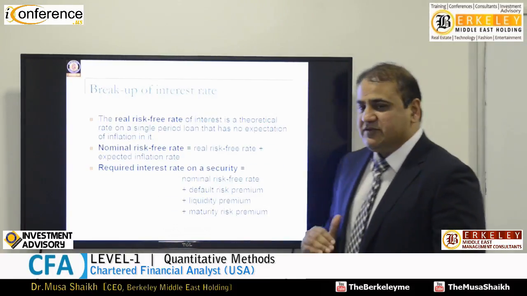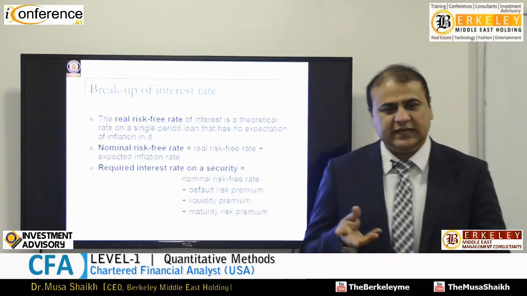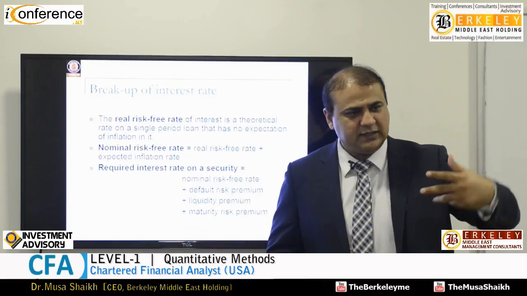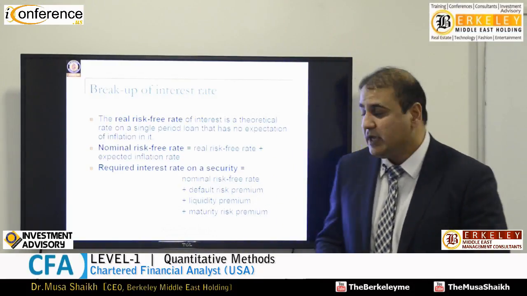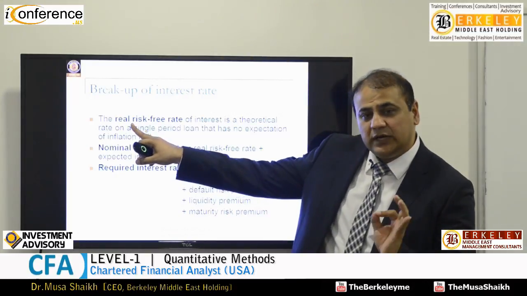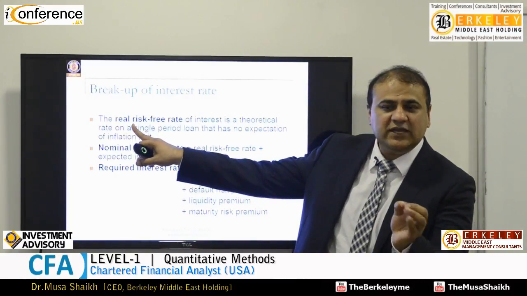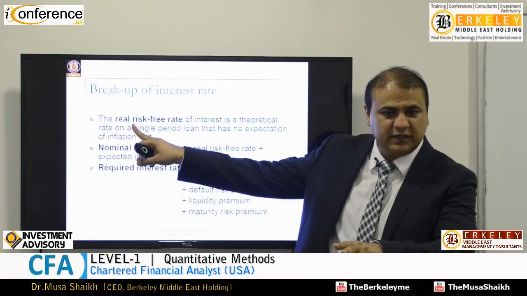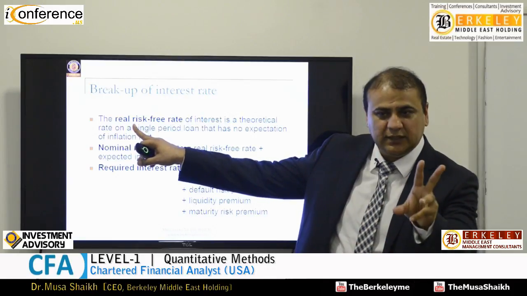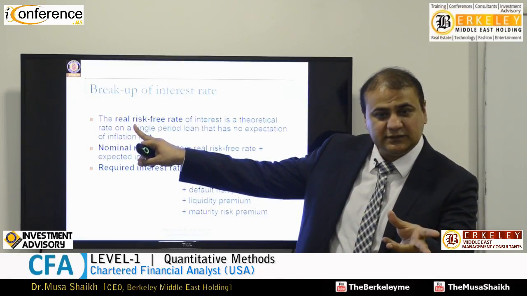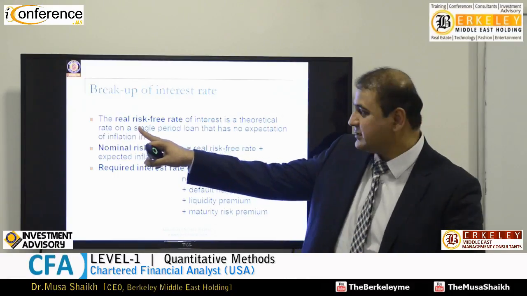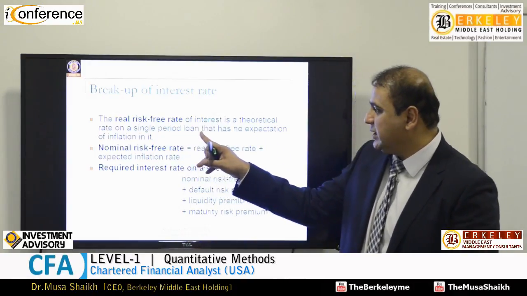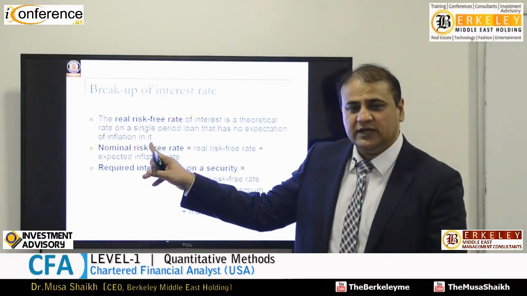Okay, what is the breakup of interest rates? Generally in banking we have LIBOR plus bank rate. These are terms that we will use in books 4 and 5. The word real means inflation adjusted, right? Maybe a gross rate of interest is 8% and inflation is 2%, so your real rate of interest is 6. The real rate of interest is a theoretical rate on a single period loan that has no expectation of inflation in it.